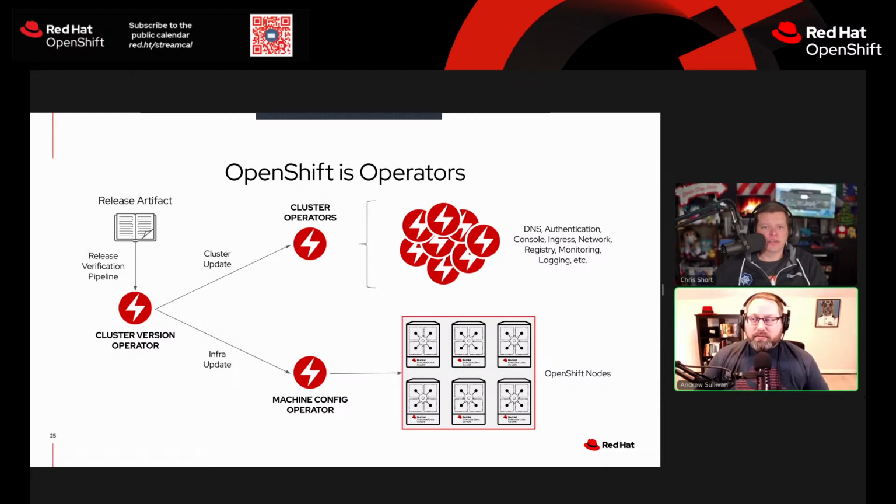Yes. So literally, OpenShift is Kubernetes with OLM, and then a series of operators that are deployed and managed by the cluster version operator. So for folks that are listening that don't know what OLM is, it's Operator Lifecycle Manager. Think of it as like a cataloging and management tool for all the operators in your life, right?